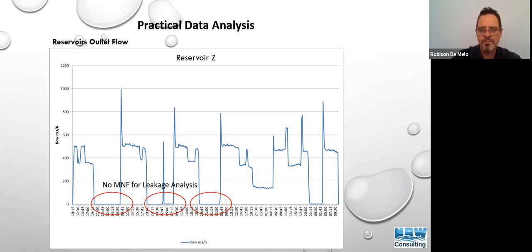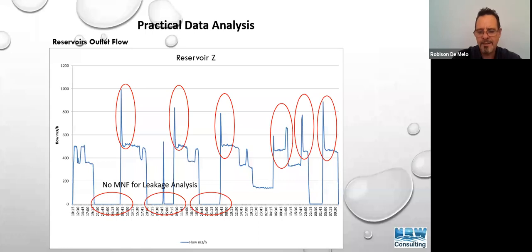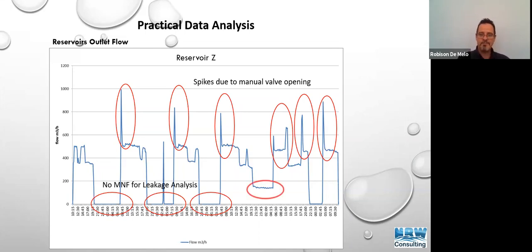There is no minimum night flow for leakage analysis. And what is also bad, when we start again, we have some spikes due to the manual valve opening. So we have to be very careful when we operate the valve to avoid that, because we can cause more and more bursts. In this case, the only time possible to get the minimum night flow, so that we could start evaluating how the system was, was this time.